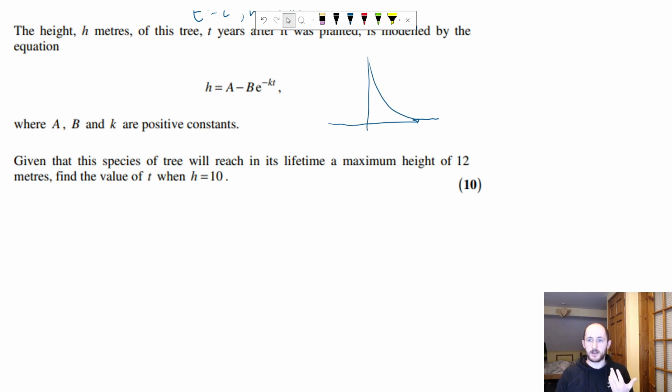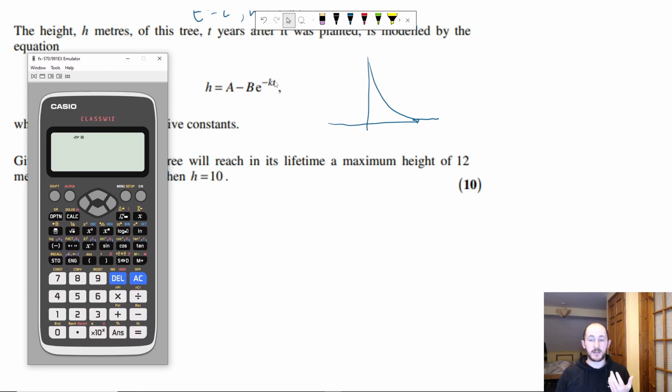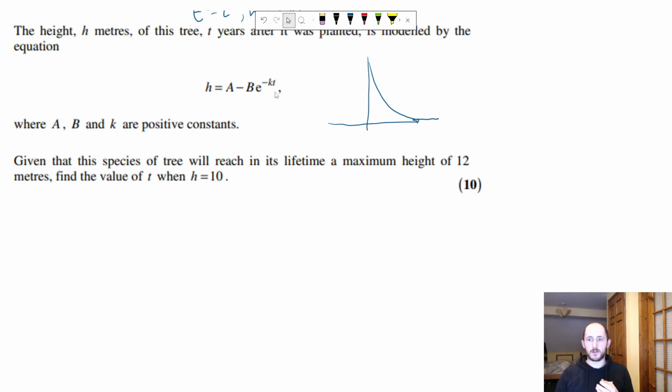If you'd like, you can even sub it into a calculator. E to the power of 0 gives me 1, but e to the power of anything negative, let's say minus 1, has to be smaller than 1. If we do to the minus 10 now, the number is getting smaller and smaller. All I'm trying to do is see what happens as t goes to infinity. Since this is infinitely decaying, no matter how long the tree lives, this term is going to go to 0 and disappear.